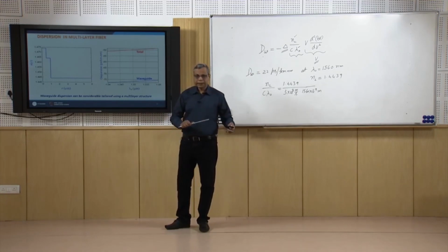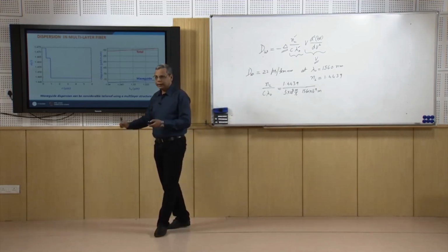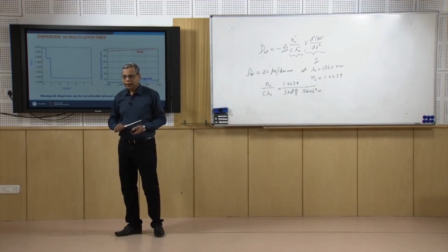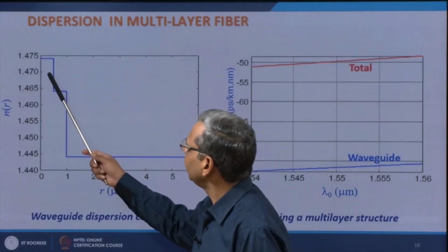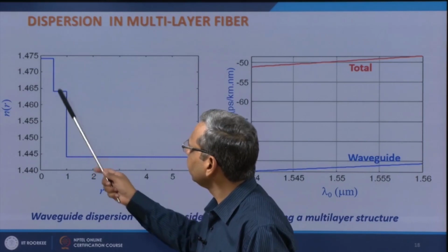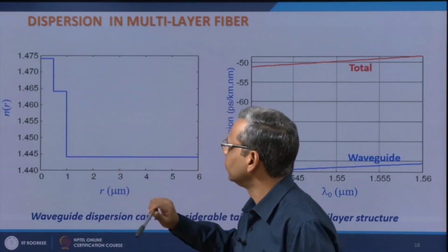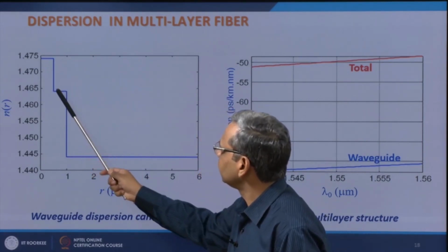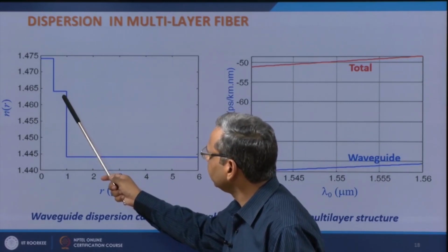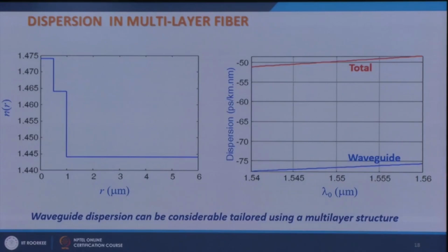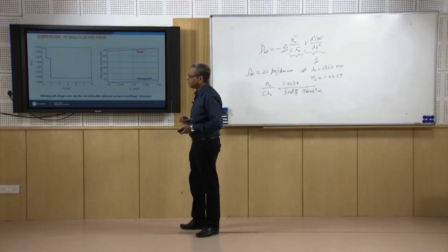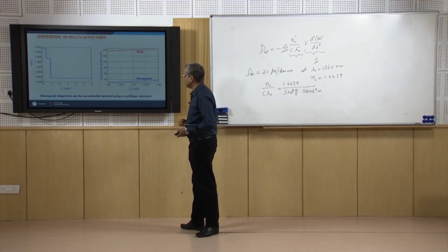So, I have seen step index fiber, I have seen graded index fibers. I can also have multi-layer fibers where the core is not made up of only one layer, but I have 2 layers in the core, one high index layer, then surrounding it a low index layer, and then you have a cladding. With the help of multi-layer structures, I just want to show you that you can drastically change the waveguide dispersion.